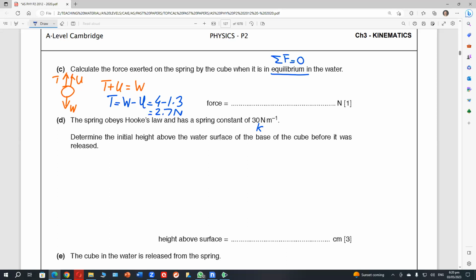Determine the initial height above the water surface of the base of the cube before it was released. Now, they have given you the spring constant, so we can find the extension. If you find the extension, you can find the difference. Extension is coming as 0.09 meters.